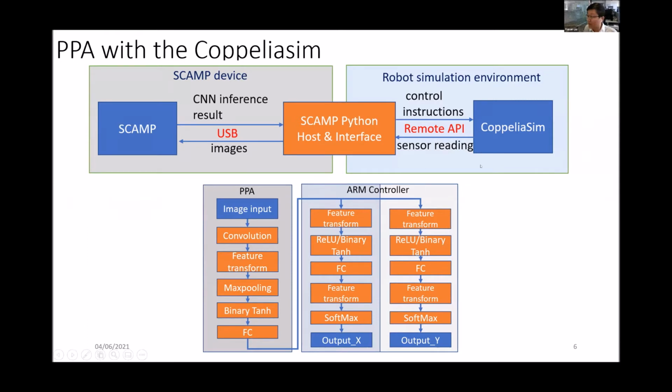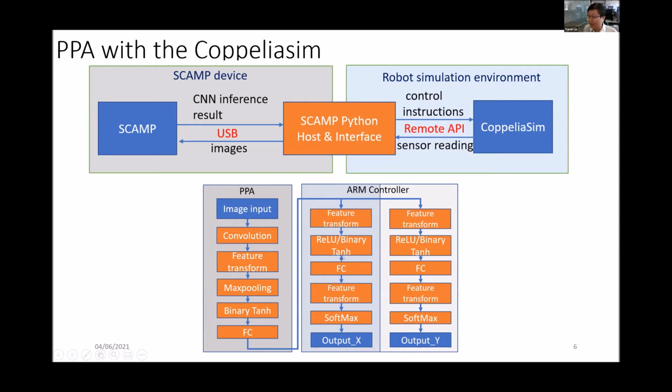Basically, the simulated sensor readings from the simulator can be transferred to the SCAMP Python host through the remote API, followed by another transmission through the USB to a real SCAMP. After image processing in the real SCAMP, the useful information can be sent back in the same way to the simulator, where it can control the movement of a robot or simulated robots.